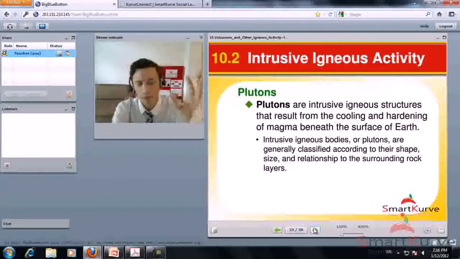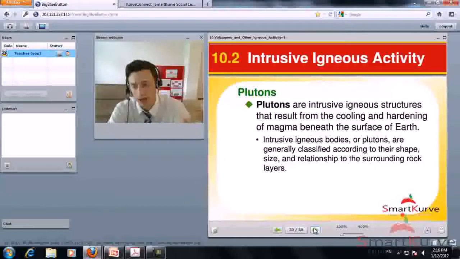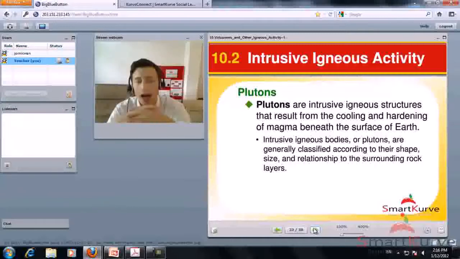So before we go on to the next slide, I want you to just think for a moment. If these plutons are intrusive and they form beneath the surface of the earth, if they form underneath the earth, how is it that we see them? What has to happen first?